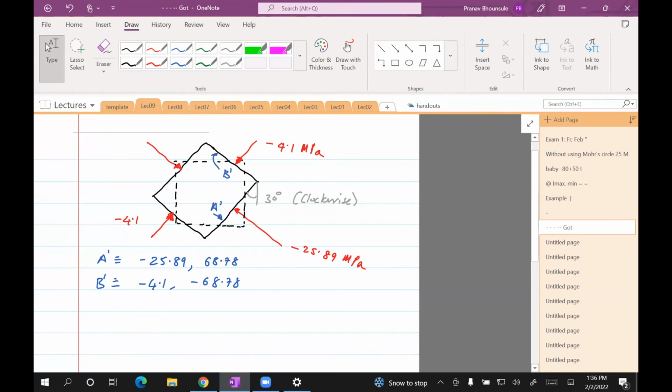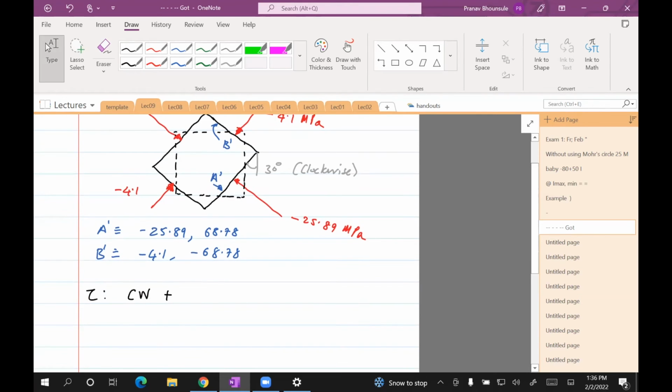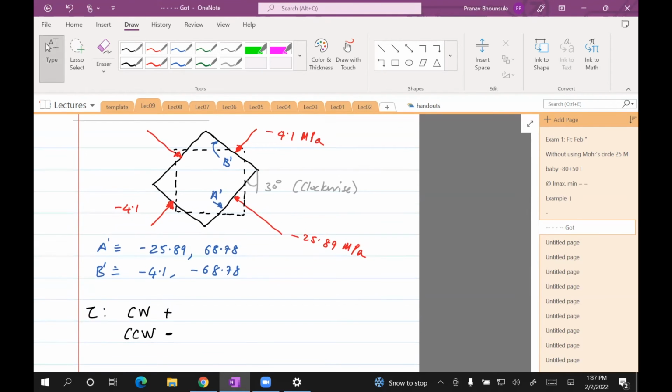So we need to use the convention we used for Mohr circle, which is, for shear stress, clockwise is positive and counterclockwise is negative. Okay, so first we look at the stress on face A prime. It's positive, which means the stress on the element at A prime would be clockwise.